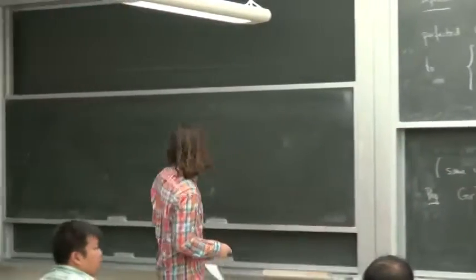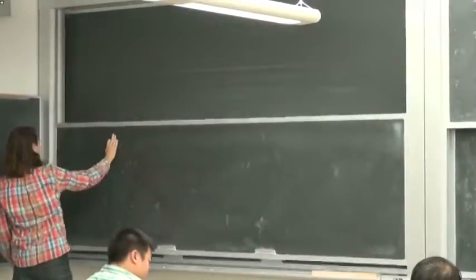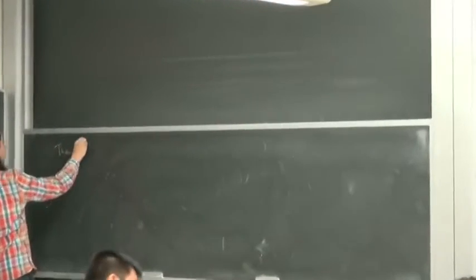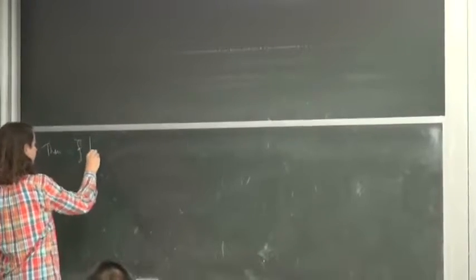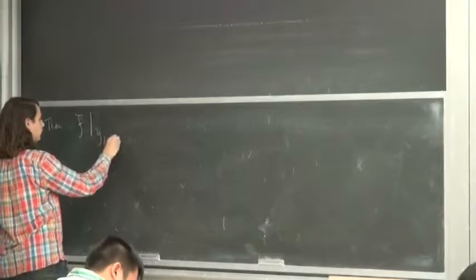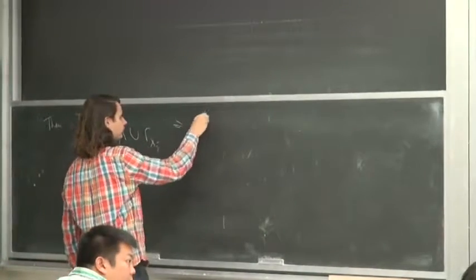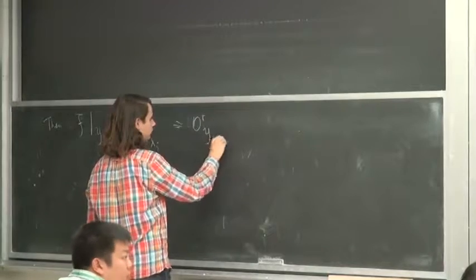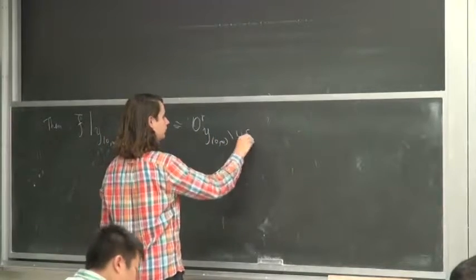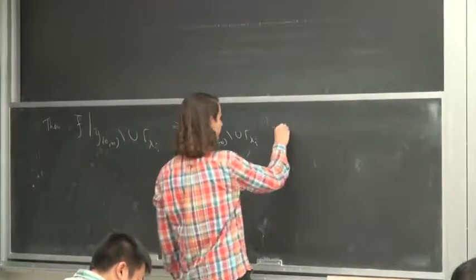Okay, so then F restricted to Y_{[0,∞)} minus the union of the graphs of the x_i's is still isomorphic to the structure sheaf there, and the modifications are bounded by mu_i.